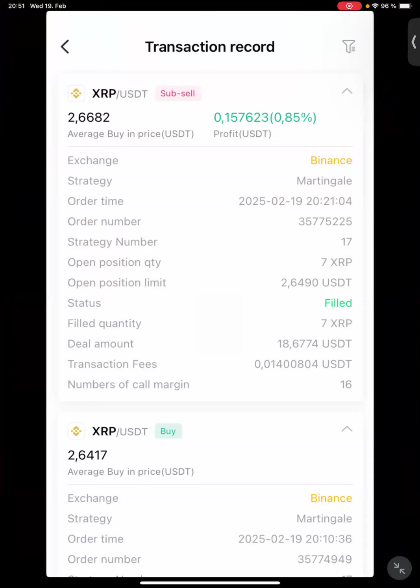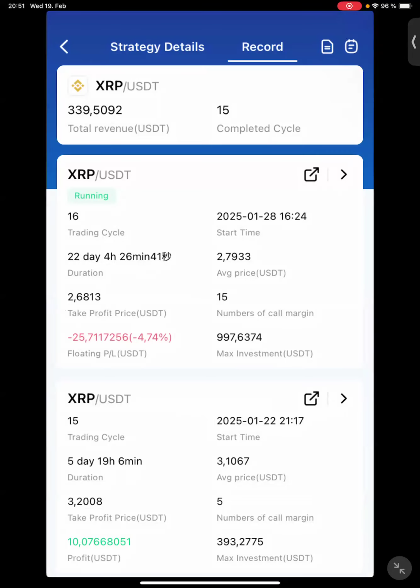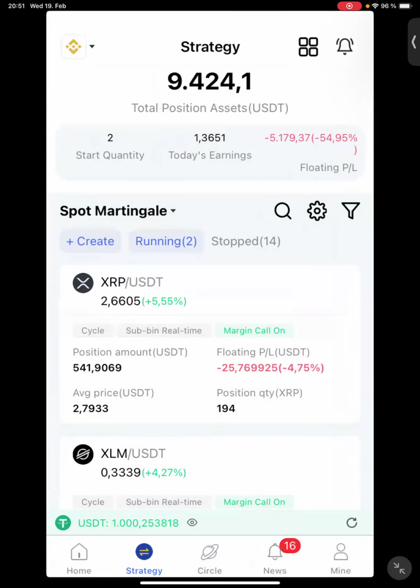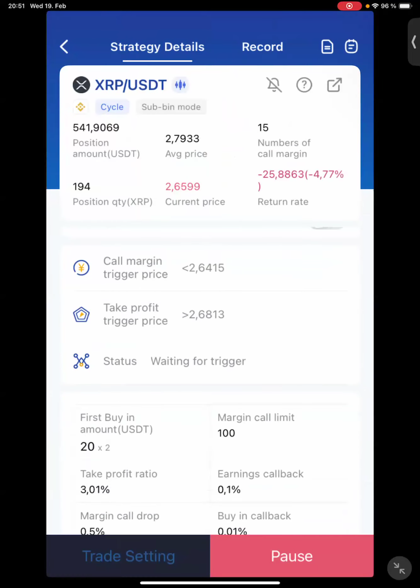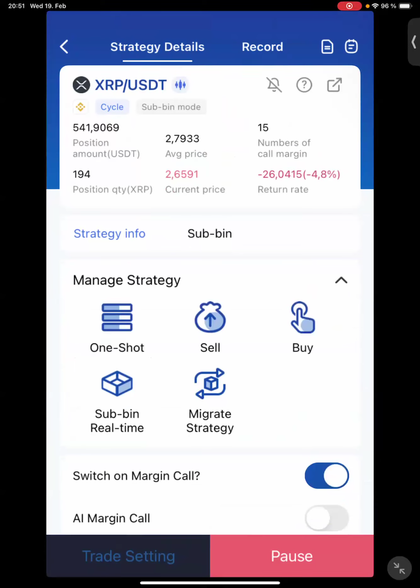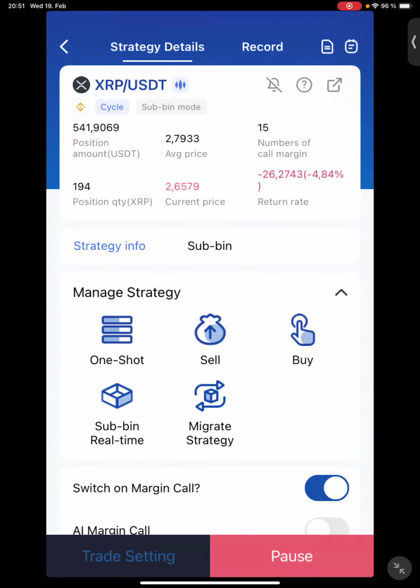This is even based on how much the first buying amount is. What is the XRP first buying amount? This is even 20. I have some that is 5, but still you are making something. Okay, it's better than your money being at the bank. You'd rather be paying the bank for keeping your money there or letting your money pass through the bank. Okay, so this is the power of margin calls.